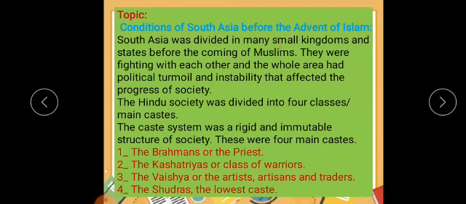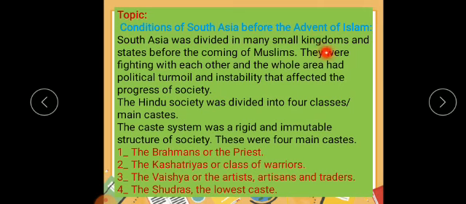Dear students, when Muslims or Islam came here, before that, the Indian society was divided into so many small kingdoms, so many small states, principalities. There were so many kings of these kingdoms, rulers of these states, and they were not united.